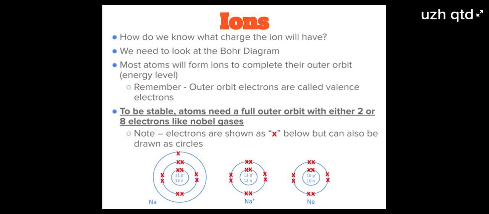Doing this takes it down to 10 electrons with 8 on the valence shell or the full outer orbit, which means that its Bohr model now looks exactly like neon, which is directly to the right of it. Because all elements want to have electron shells or Bohr models that look like noble gases, which always have 8 electrons on the outer shell, with the exception of helium, which has 2, just as an FYI.